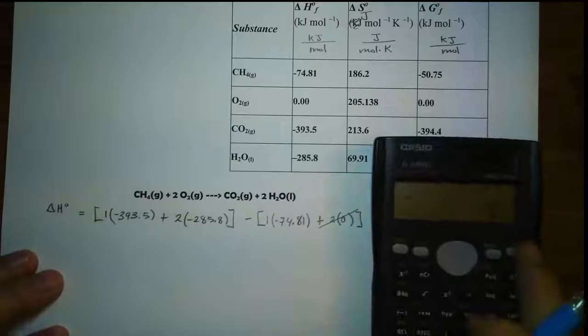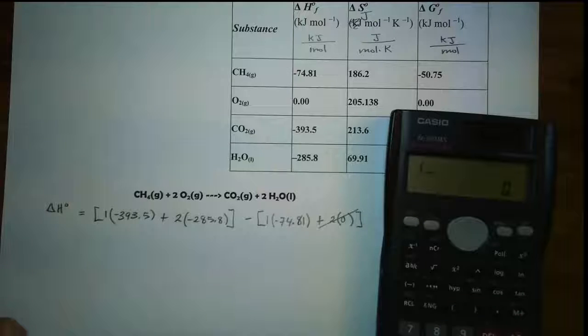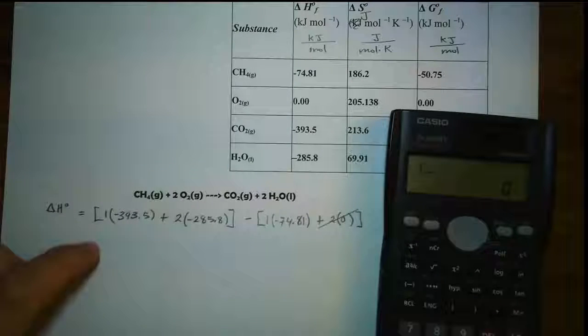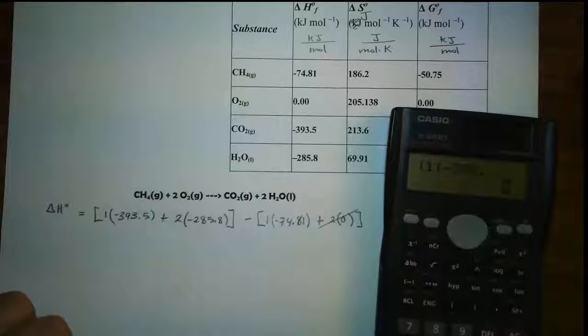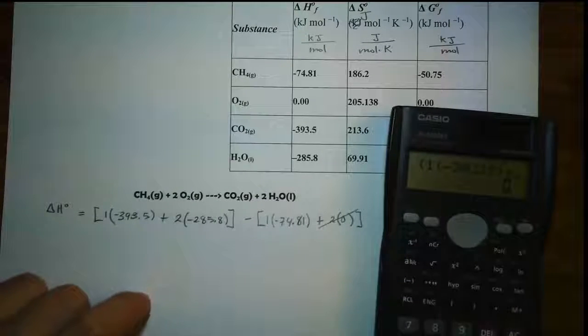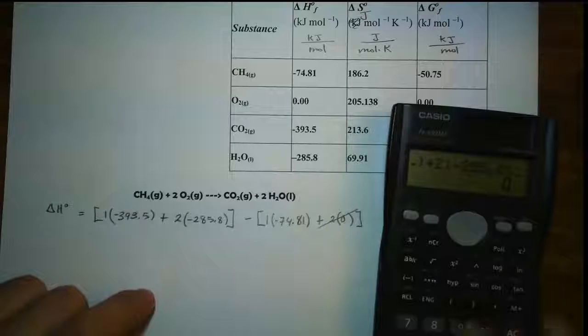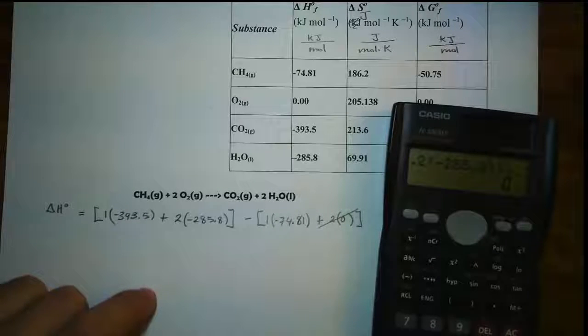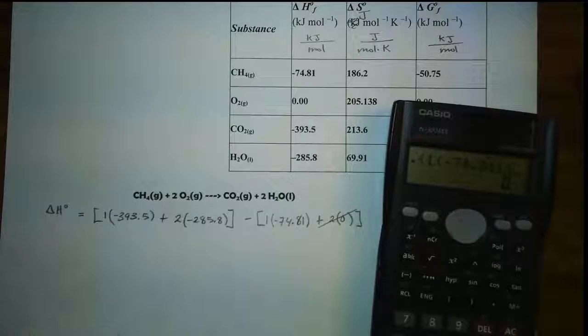Now let's plug into the calculator. Every time you see the bracket, just put parentheses. So we have parentheses 1, parentheses negative 393.5, parentheses plus 2, parentheses negative 285.8, parentheses, and then parentheses again, minus parentheses 1, parentheses negative 74.8, parentheses, and then parentheses again.